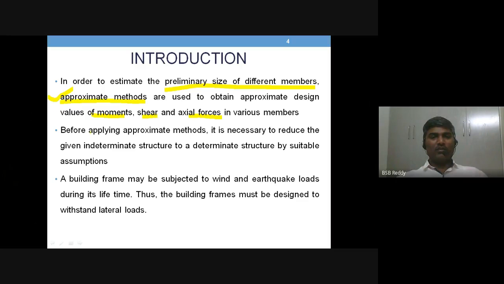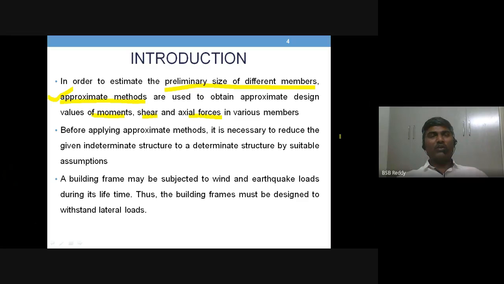Before applying approximate methods, when you compare the actual method and the approximate method, the approximate method should definitely be a little easier than exact analysis. Determinate analysis is simpler than indeterminate structural analysis.